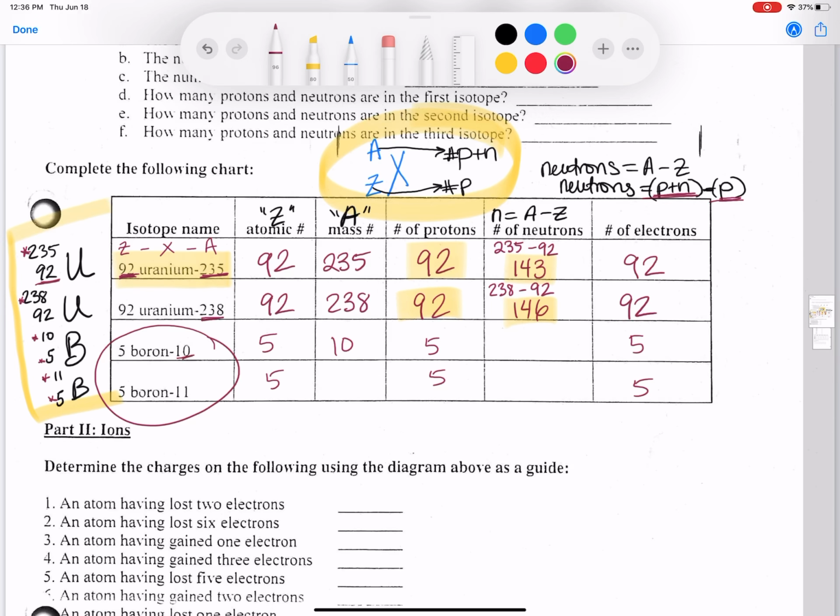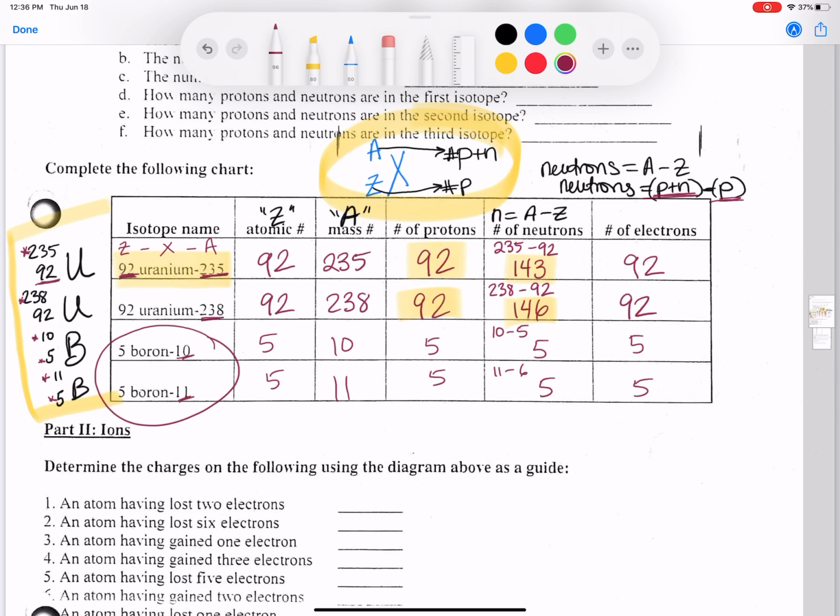So here I was told it's a mass number of 10, and here I was told it's a mass number of 11. My number of neutrons are going to be different, where I'm going to say 10 minus 5 and 11 minus 6. So 10 minus 5 is clearly 5.